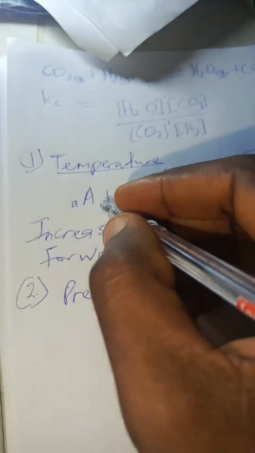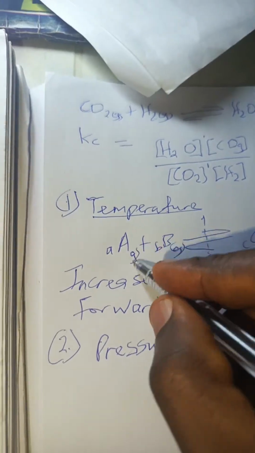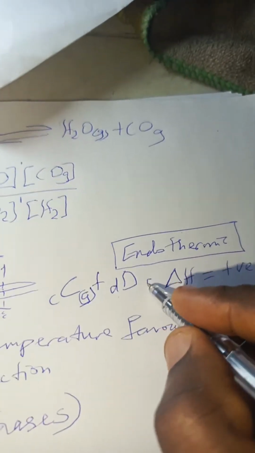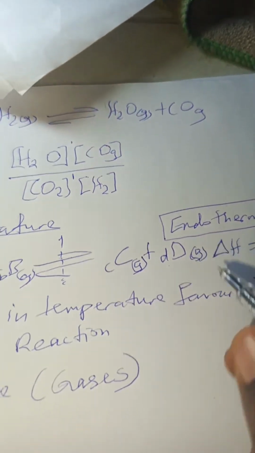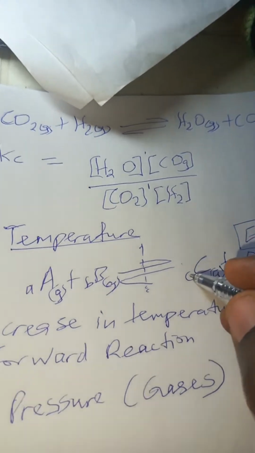So if this is a gas, this is also a gas, and this is also gaseous, what will happen is this. If this one consists of 2 moles, for example, if this C is 2, let's take an example.